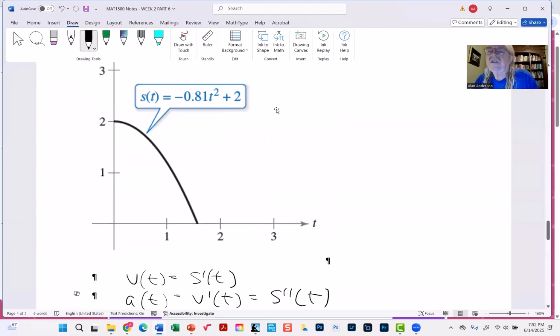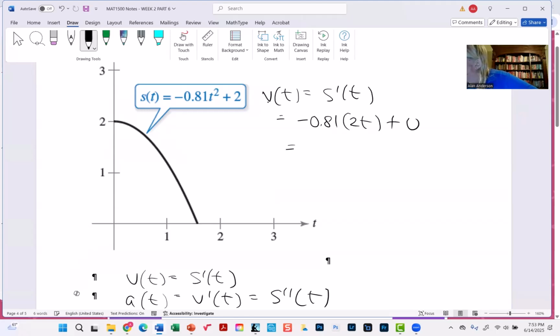So what they'd like us to do is calculate all three of these. So if s of t is negative 0.81 t squared, then the velocity will have to be negative 0.81 times 2t plus 0, or minus 1.62t. And then acceleration is v prime, which is minus 1.62.